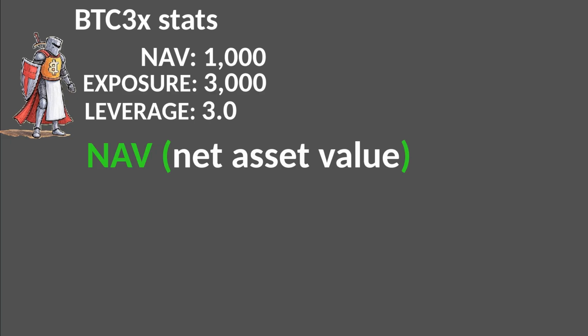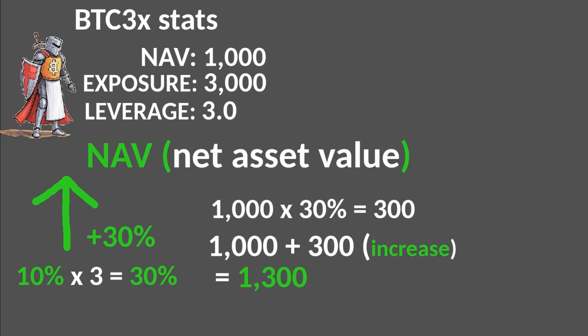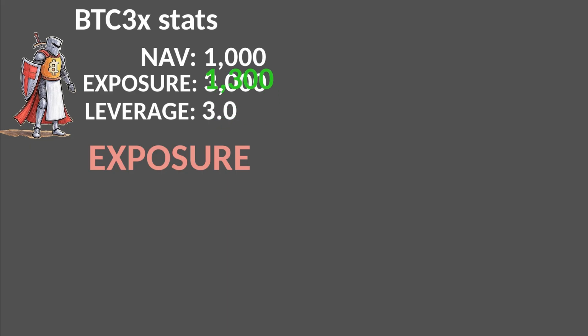NAV, net asset value. When the BTC price rose by 10%, this gained 30%, 10% times 3, or 300 from the 1,000. That's why the new value of NAV became 1,300. Exposure.